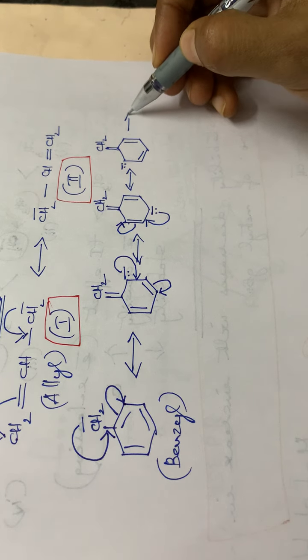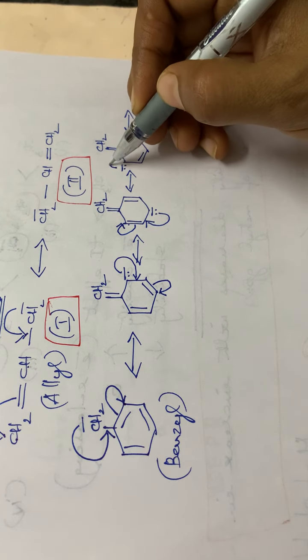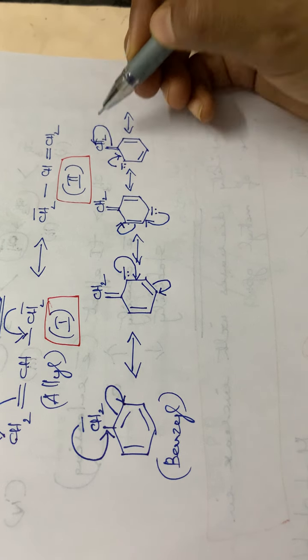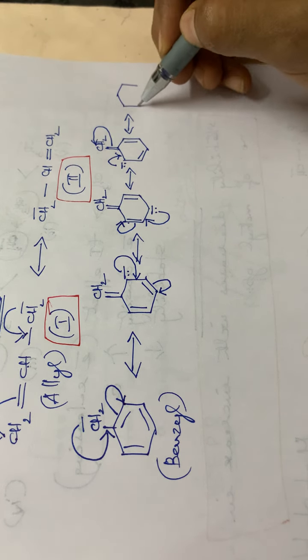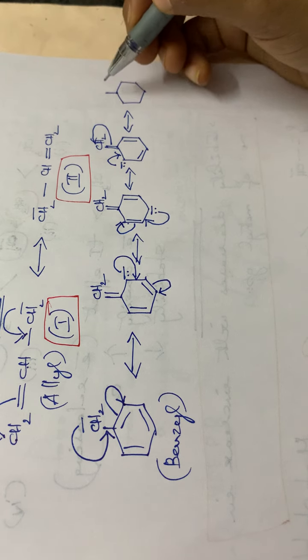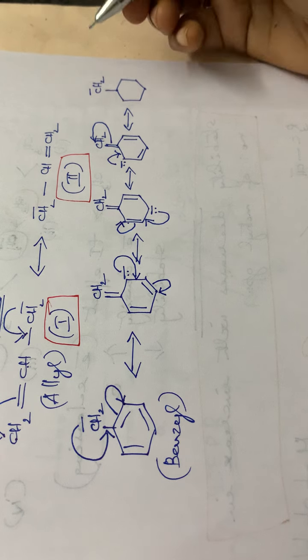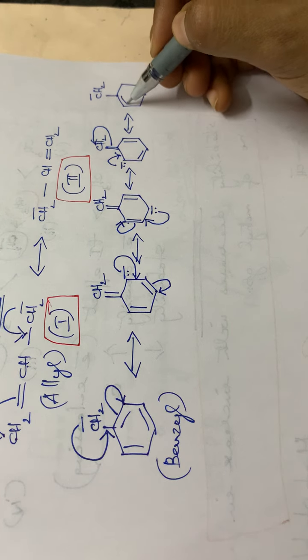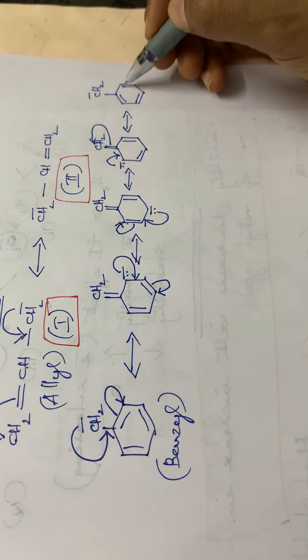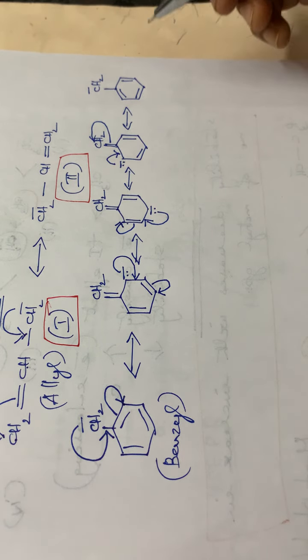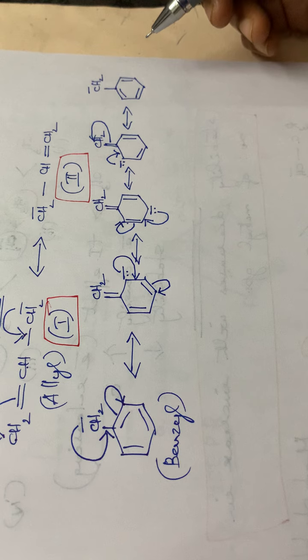Then comes the last structure: this negative charge moves towards this position, and this double bond towards this carbon atom. So the last structure, this becomes single bond CH2 minus. Here this becomes a double bond, already two bonds are positioned. So these are the different resonating structures of benzyl carbanion.